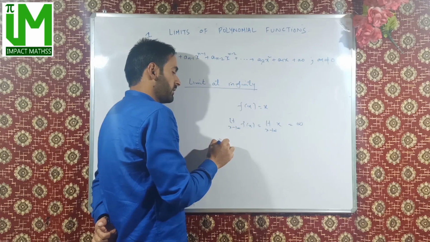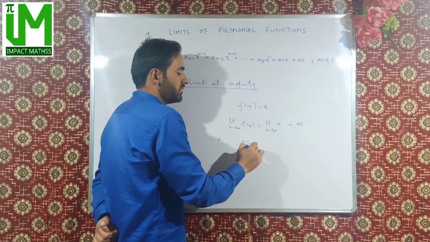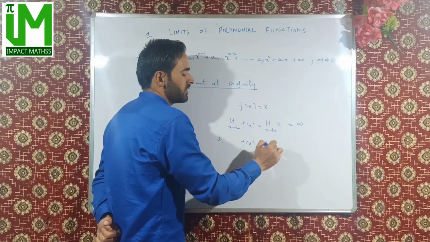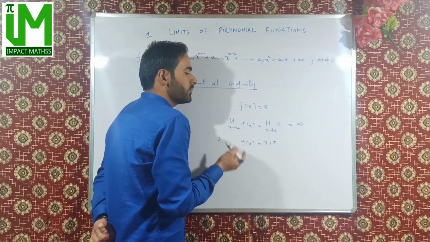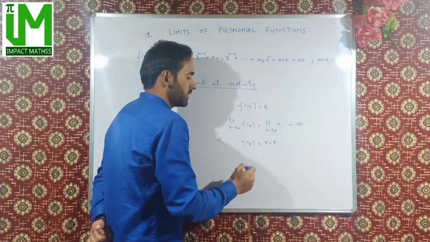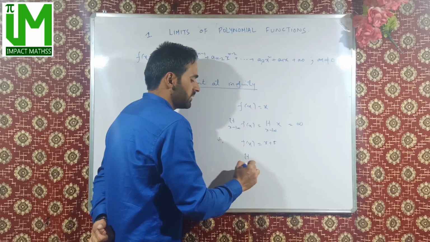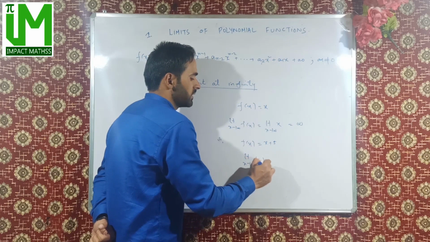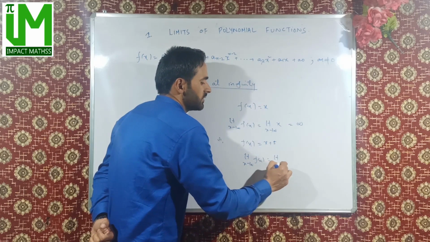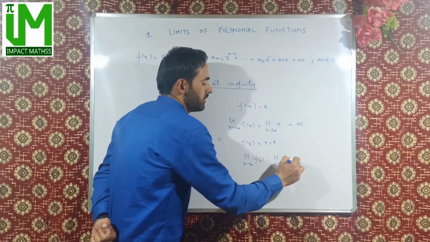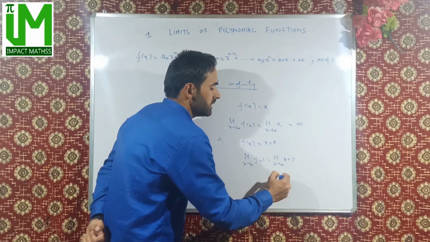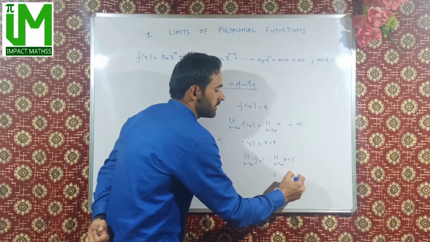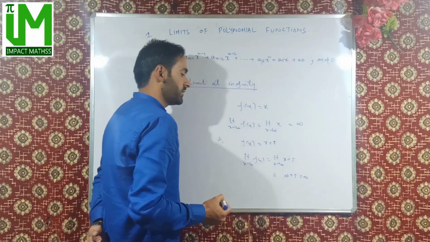Now second, if we have f of x in this form, x plus any constant, say 5 is any constant, and we have to find the limit of this polynomial as well, so it will be limit x tends to infinity of f of x, which will be again limit x tends to infinity of x plus 5. Obviously limit of sum is sum of limits, so it will be infinity plus 5, which will be again infinity.